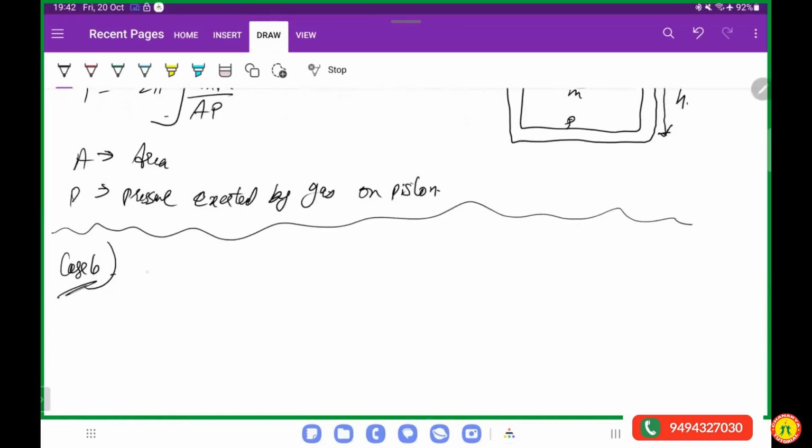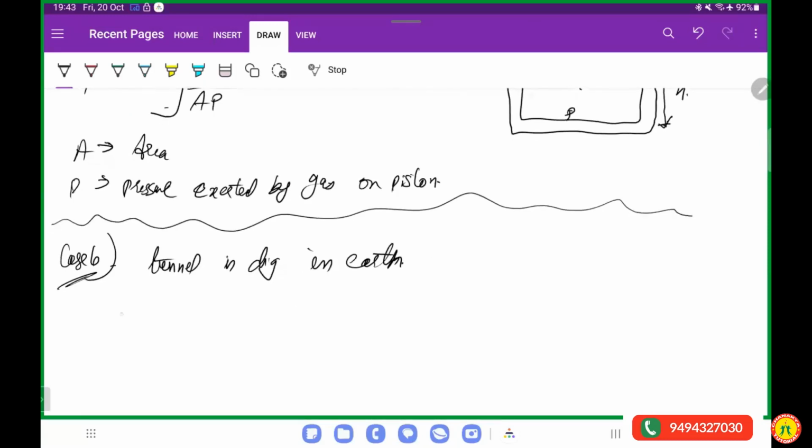Now in this one, if a tunnel is dug in earth, so for that T equals 2 pi root of R by g.